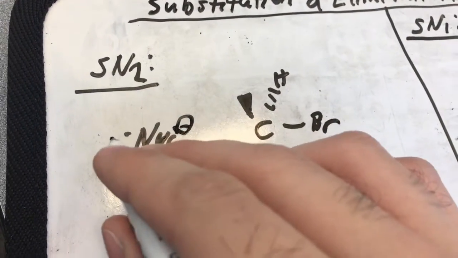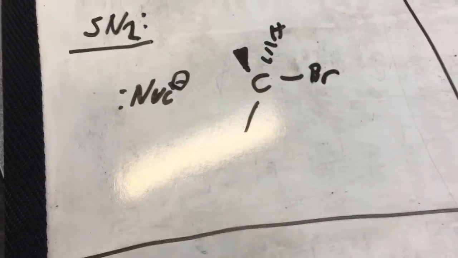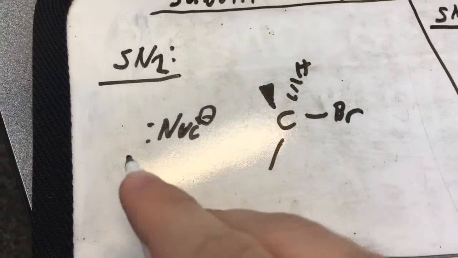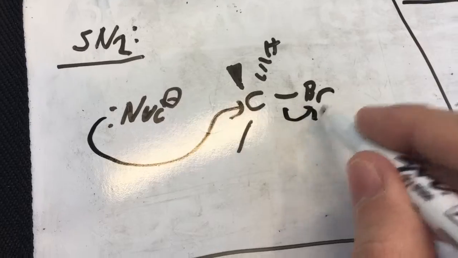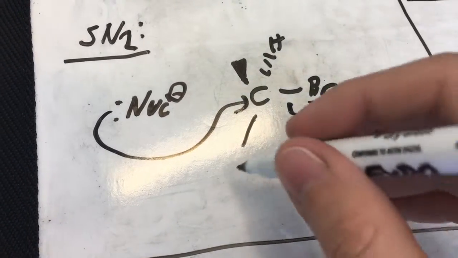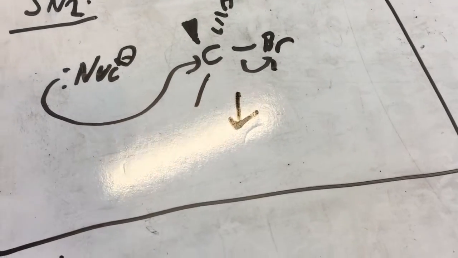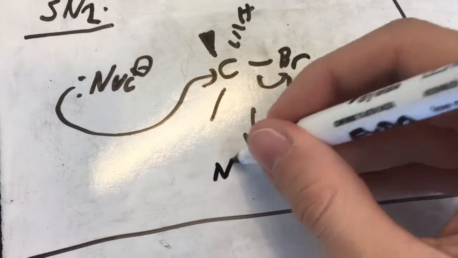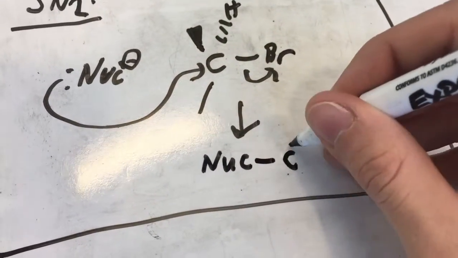So what we're going to do in SN2, it's a concerted mechanism. So we're going to see two things happen, and they happen at the same time. When this attaches here, the leaving group leaves. And then we add an arrow to indicate the next step. And we have the nucleophile, which isn't a nucleophile anymore because it's attached to the carbon.